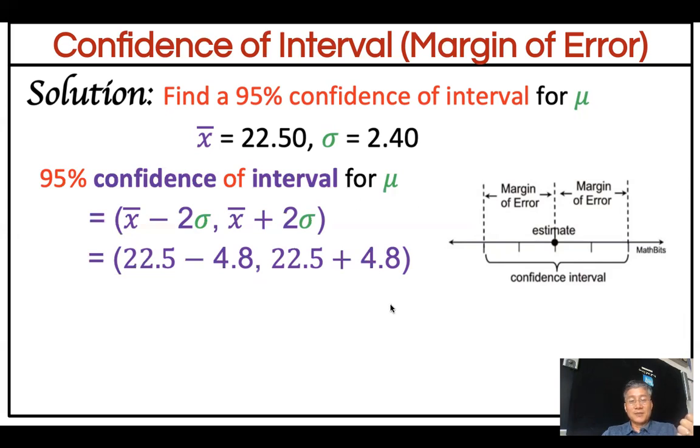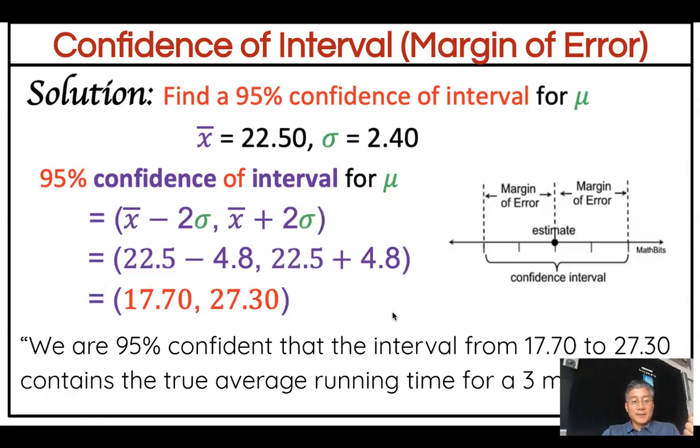So let's read the problem. That's the answer interval. What it means in this case is that we are 95% confident that the interval 17.70 to 27.30 contains the true average running time for a 3-mile run. That's the meaning of this.